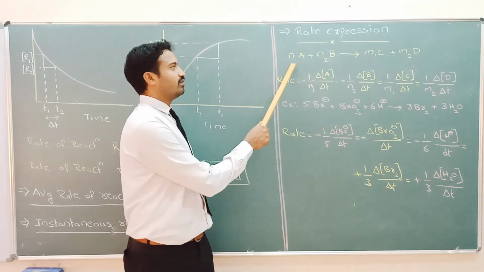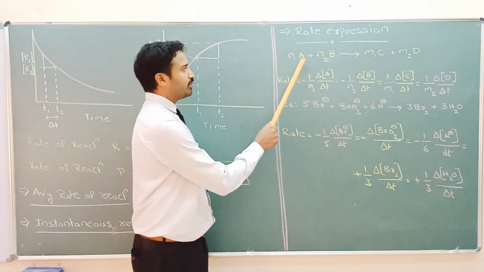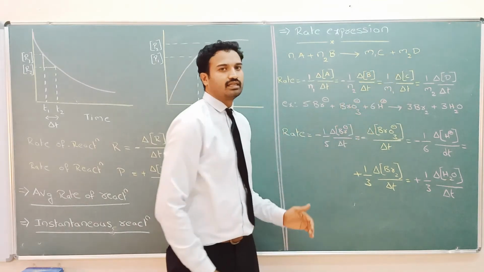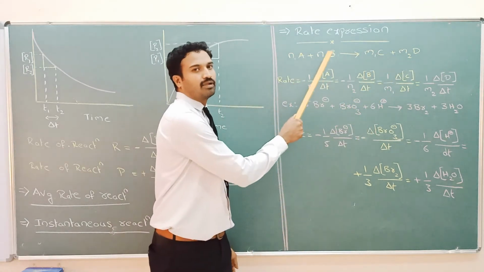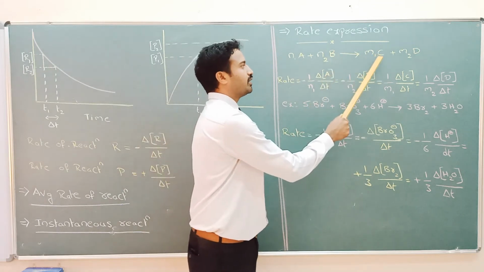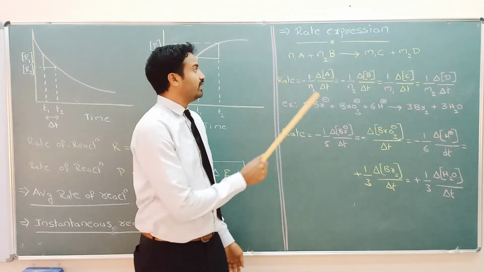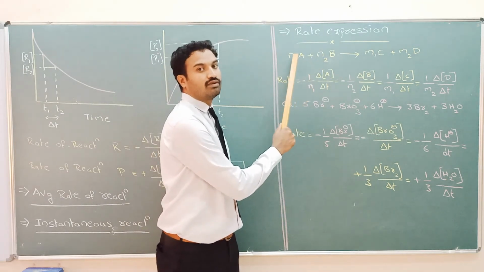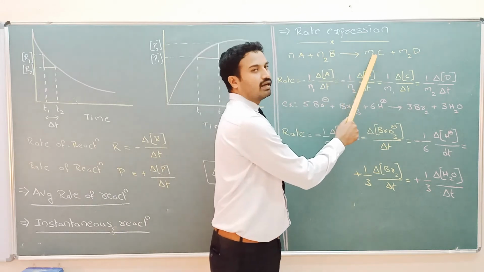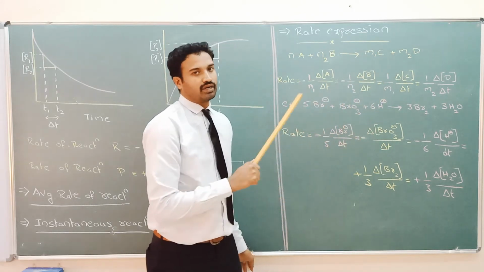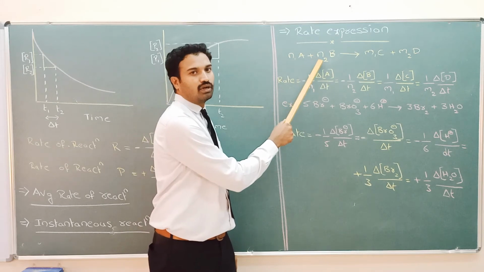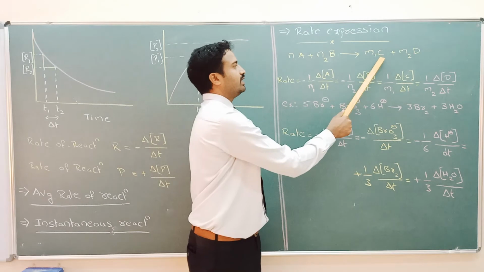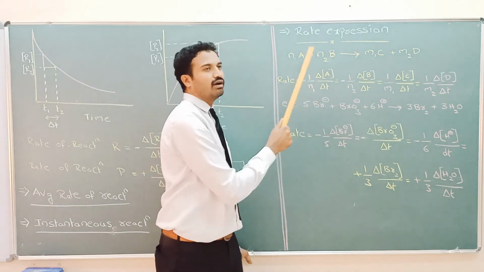See, here our reaction. Capital A, capital B represent the reactants, capital C, capital D represent the products. Here small n1, n2 are number of moles of reactants, m1, m2 are number of moles of products.